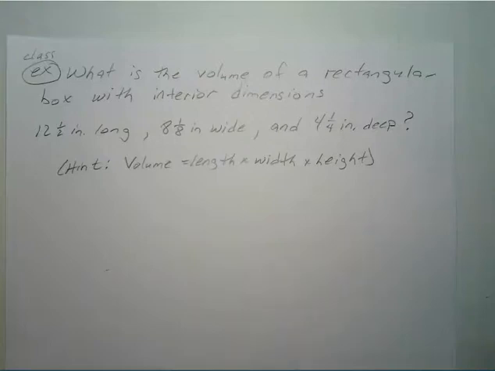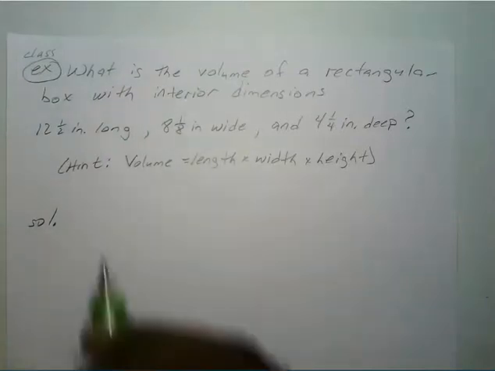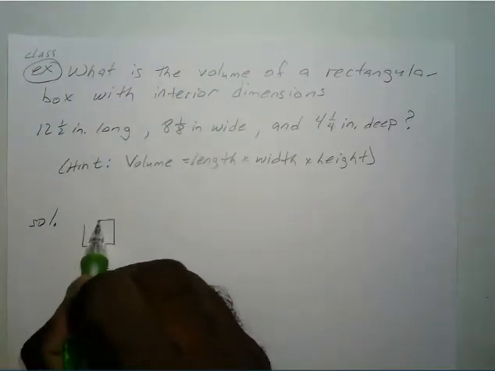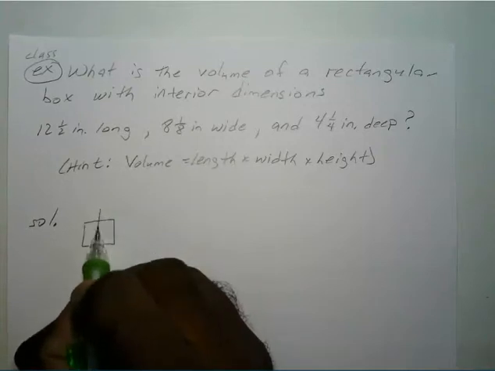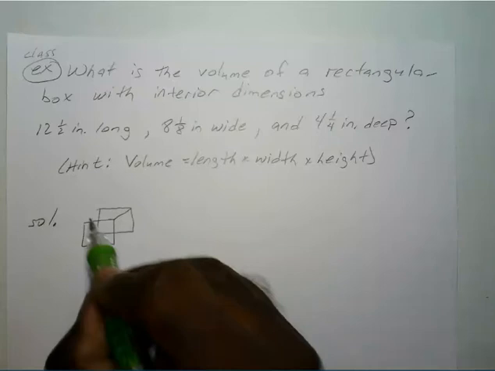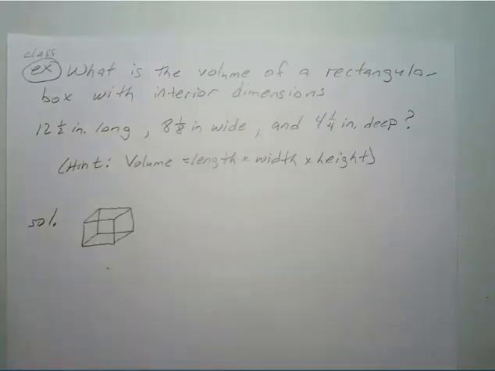All right, so assuming you're all done, let's go ahead and verify your answers. Just to draw a picture, hopefully I'll get my box drawing correct on the first try.